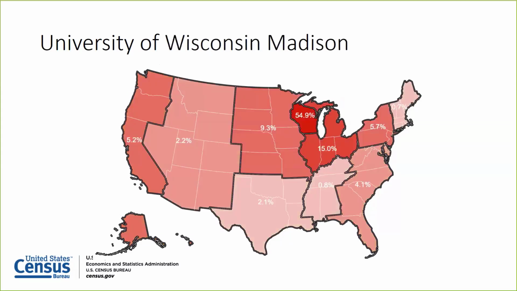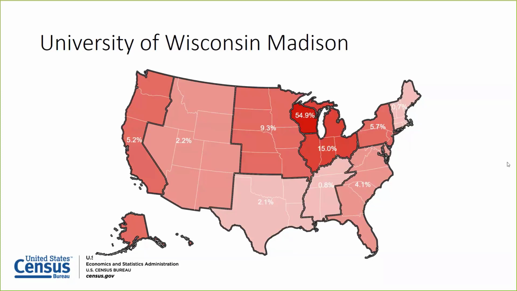For the University of Wisconsin-Madison, we're choosing the flagships because they're easy for people to think about, but the University of Wisconsin-Madison is even less than University of Colorado Boulder. About 55% of BA graduates stay in the state, but a much larger share of them stay in the same division.